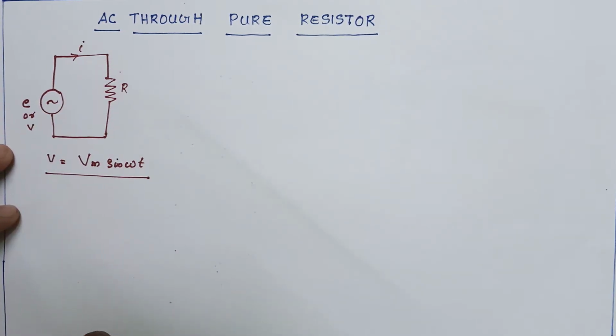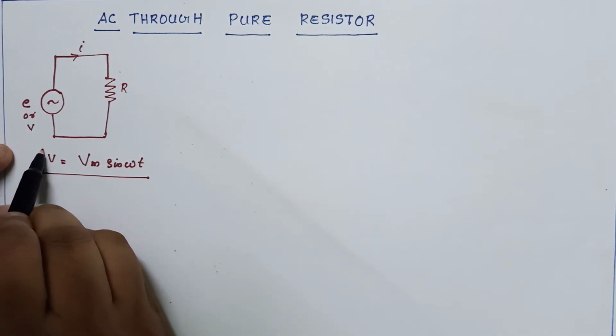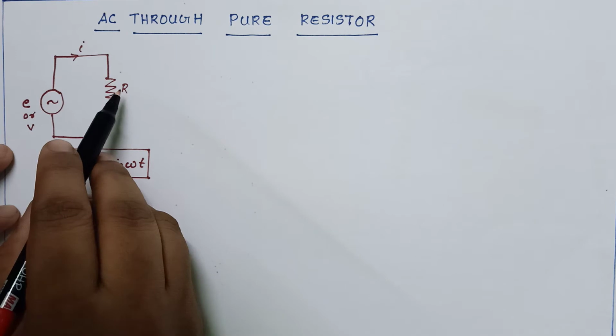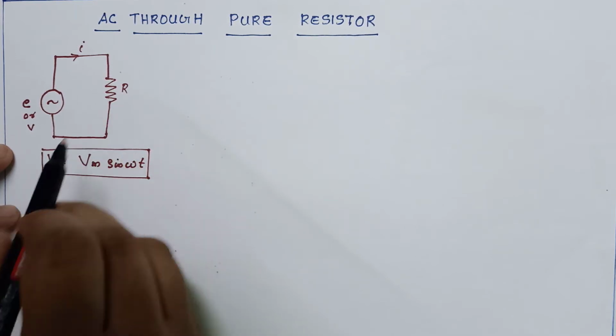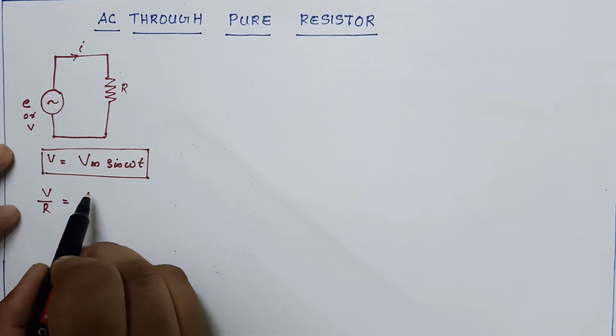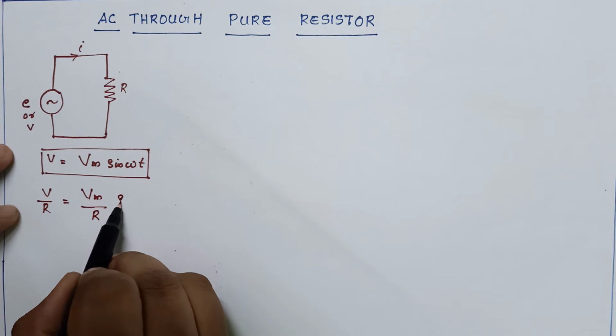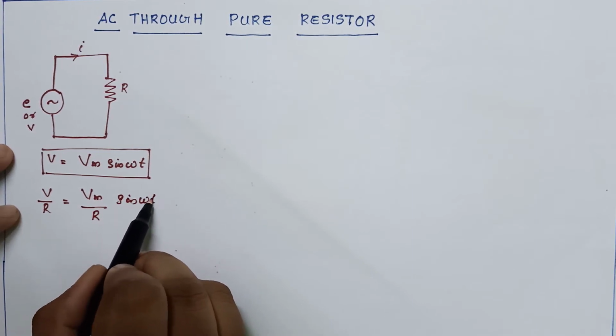And what will be the value of current? We can divide this voltage by the resistance R. So v by R is equal to Vm by R into sine omega t.